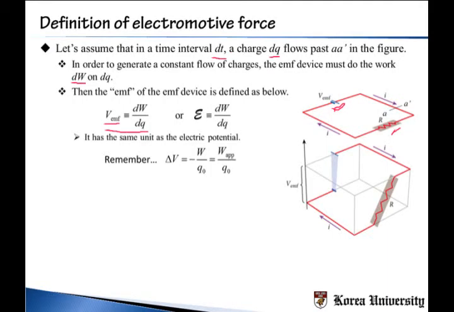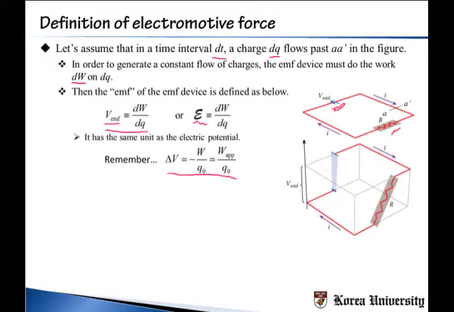And then how is it the same as electric potential? Try to remember in chapter 24, how we defined the electric potential difference. This is the equation we had, and it actually looked the same, right? So EMF is a kind of electric potential, and in some textbooks it will use a symbol like this calligraphy style E, but the symbol actually doesn't matter. You can go either way.